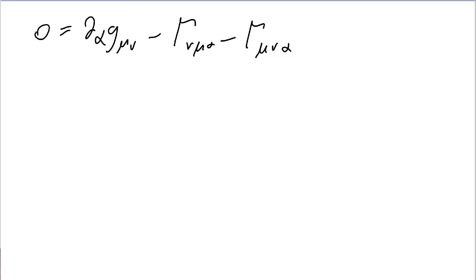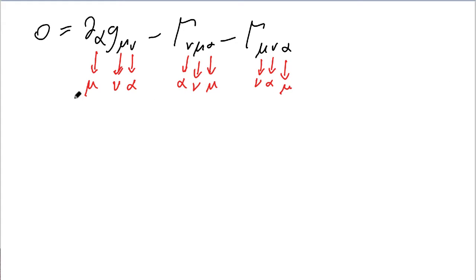So let's rewrite this equation, making the following changes in the choice of index names. Instead of alpha, let's use mu, instead of mu, let's use nu, and instead of nu, let's use alpha. So in each of these terms, we'll replace alpha with mu, replace mu with nu, and replace nu with alpha.